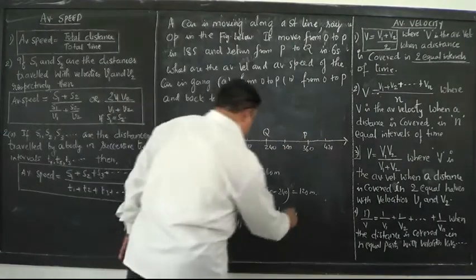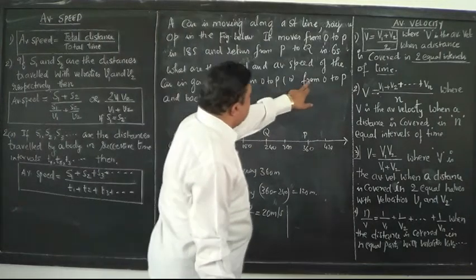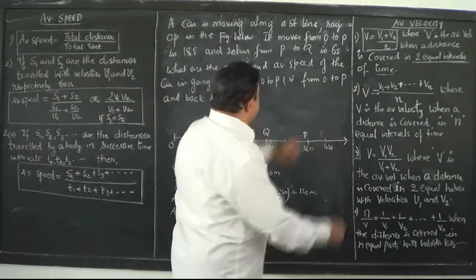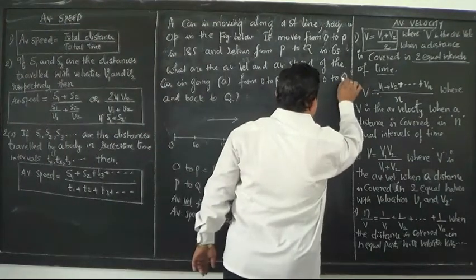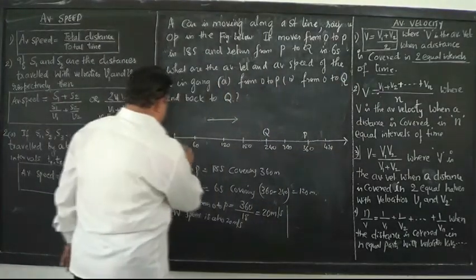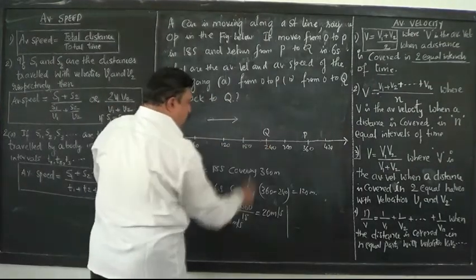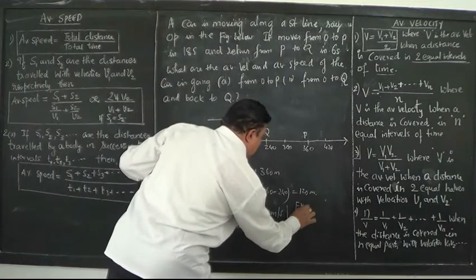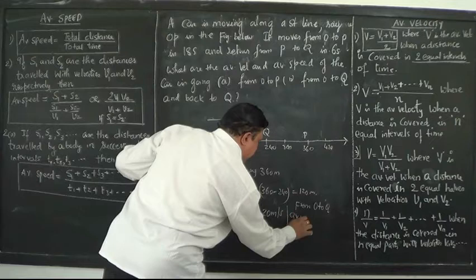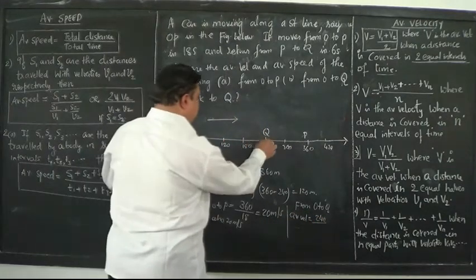Now, this should be O to Q. Make the correction. From O to Q. What is the average velocity when the body travels from O to Q? Average velocity is displacement over time.